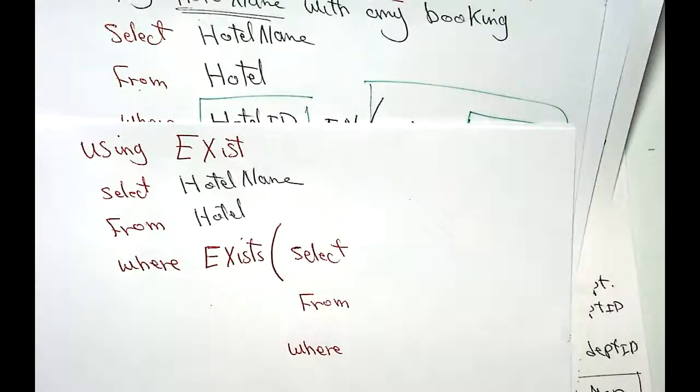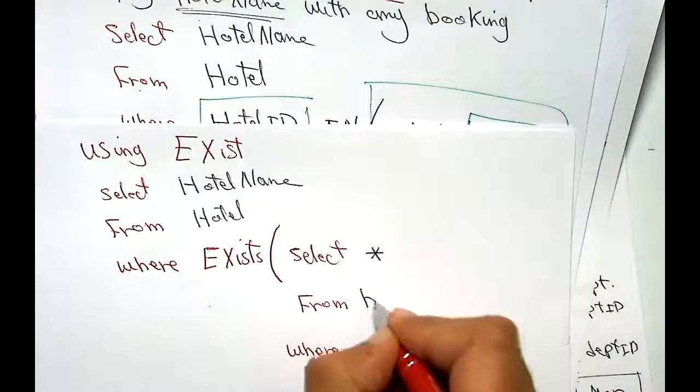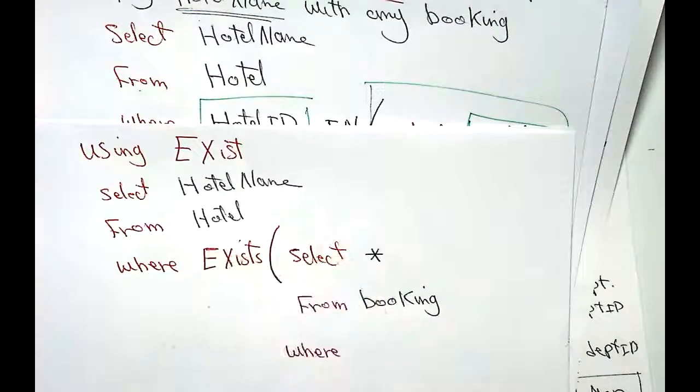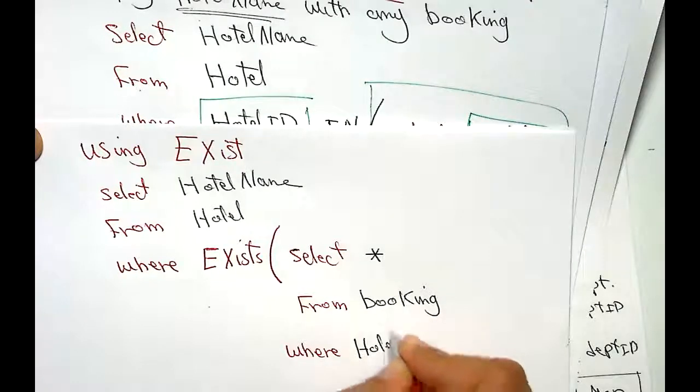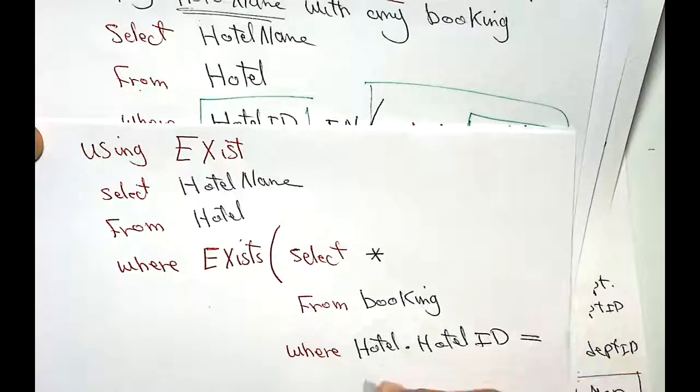So I'm going to select maybe star from booking. And here I need to join the two tables. So where hotel.hotel ID equals booking.hotel ID.